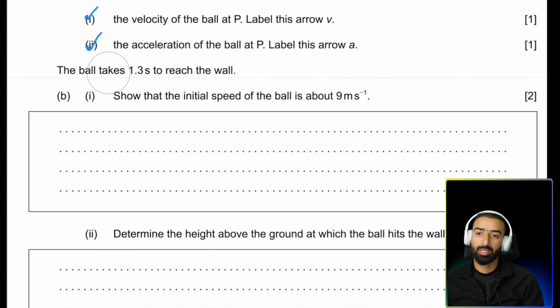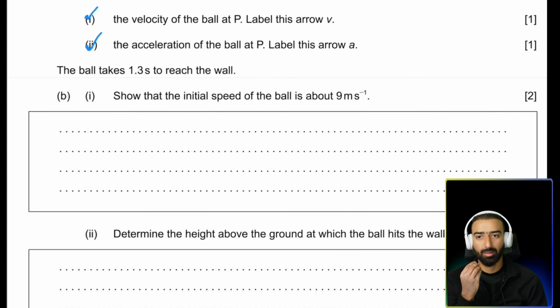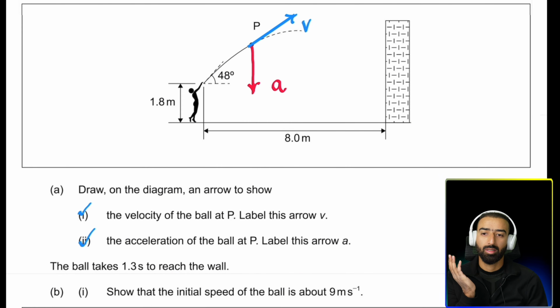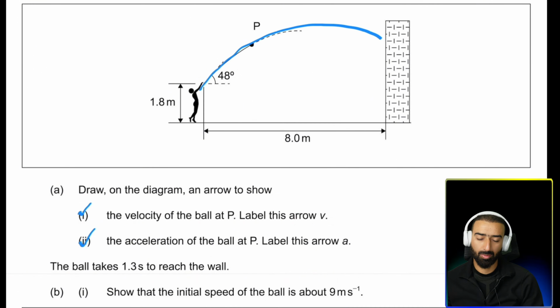The ball takes 1.3 seconds to reach the wall, and show that the initial speed of the ball is about 9.8 meters per second. All right, let's have a look at the figure. So when we throw the ball, the ball moves on this path and it hits the wall, the time it takes is 1.3 seconds.